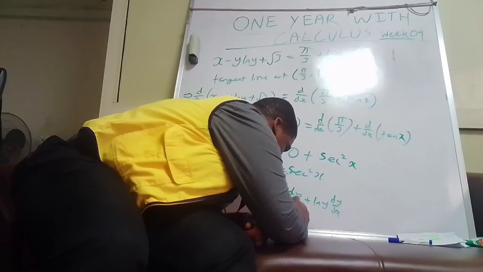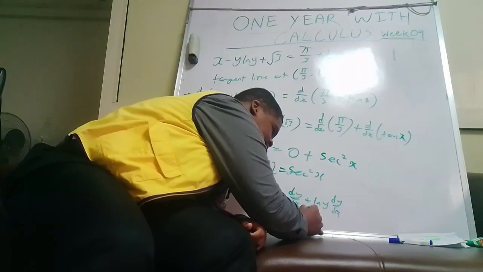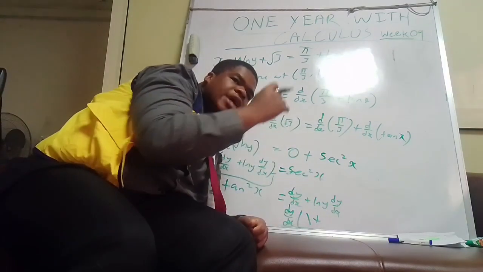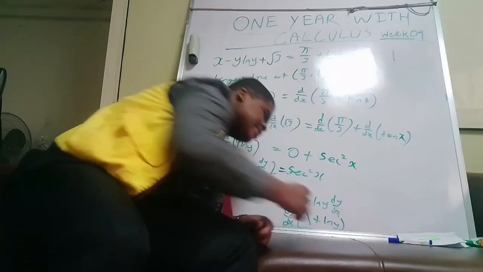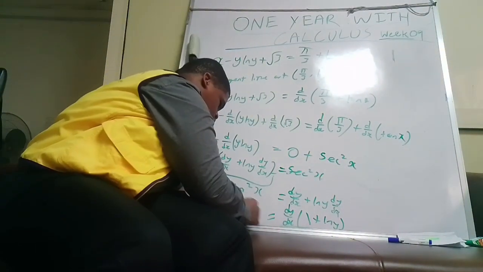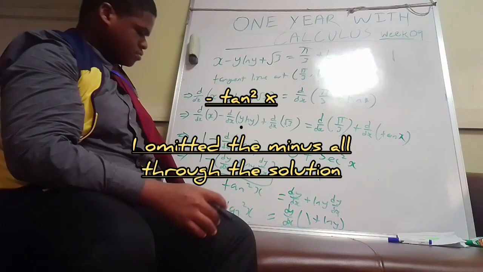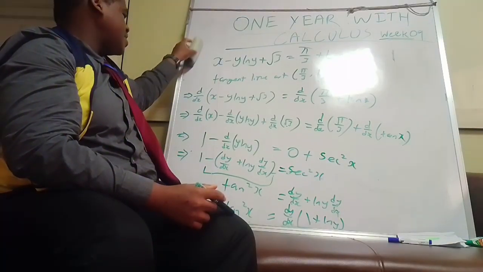So here we have dy/dx times 1 plus ln y, basically just removing all the dy/dx from the function. And this here is equal to what? Tan square x. Okay, there's no more space on the board, so I'm going to clean our top layer.